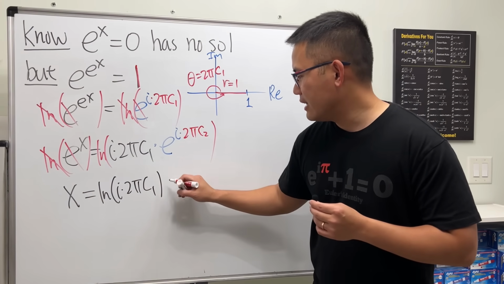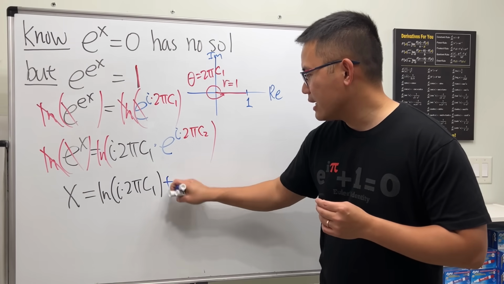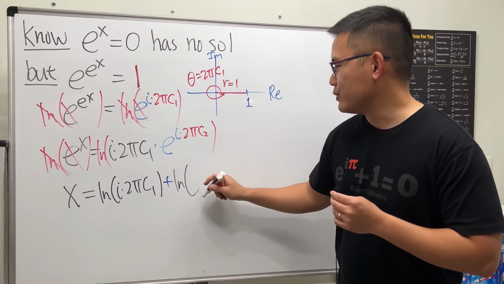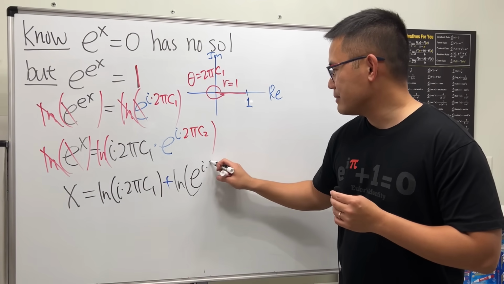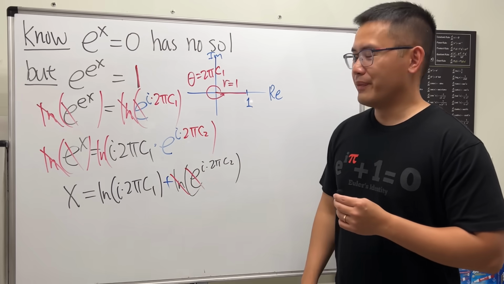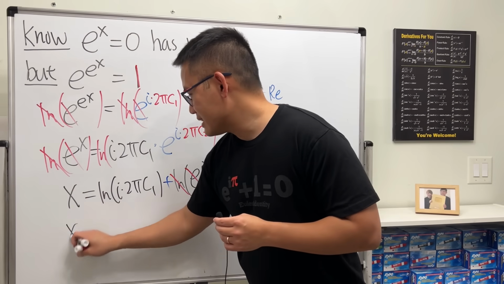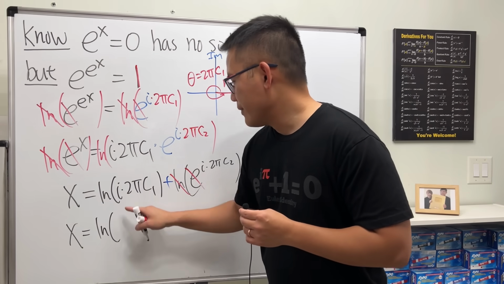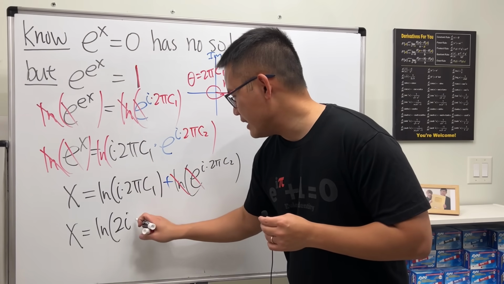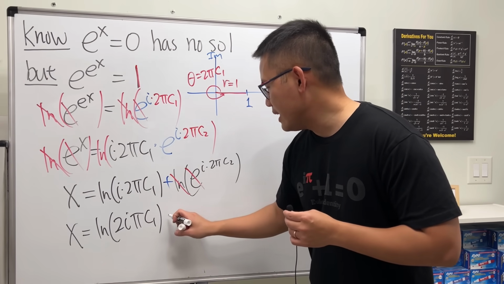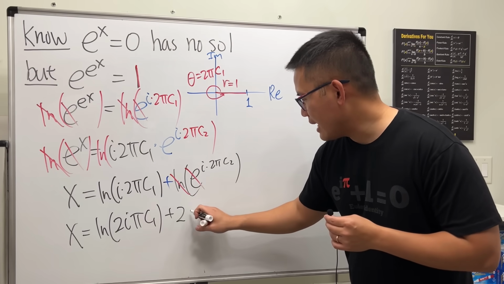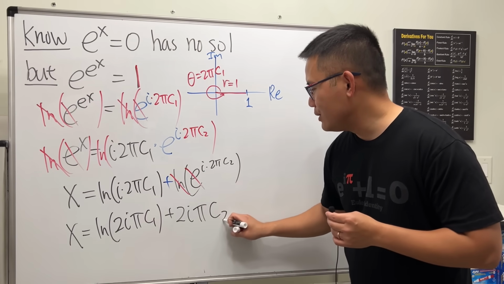And then let's add ln of the other, so ln of this part, which is e to the i times 2 pi c2. Now this and that cancel. Ladies and gentlemen, x equals ln of, I'm just going to rearrange it, 2 goes first, and then i, and then pi, and then c1, and then we add, no more ln, this is just 2 goes first, and then pi, i, pi, c2.